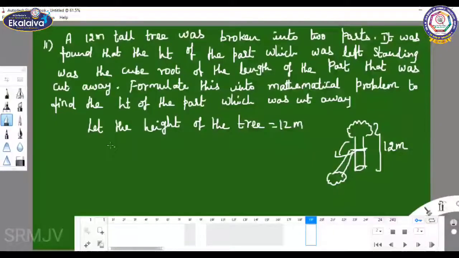Length of the cut part, because the part left standing was the cube root of the cut part, you can take it as x cube.